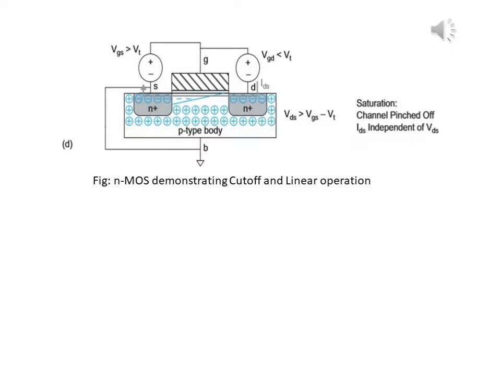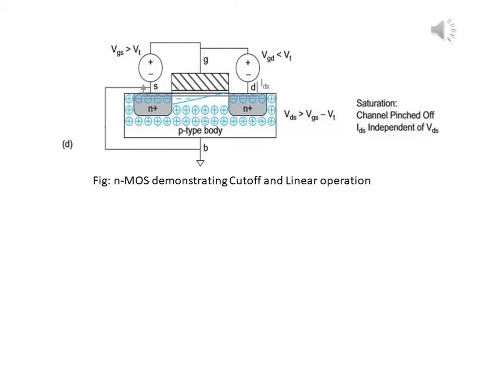However, the conduction is still brought about by the drift of electrons under the influence of the positive drain voltage. About this drain voltage, the current IDS is controlled by the gate voltage and ceases to be influenced by the drain, and this mode of operation is called saturation.